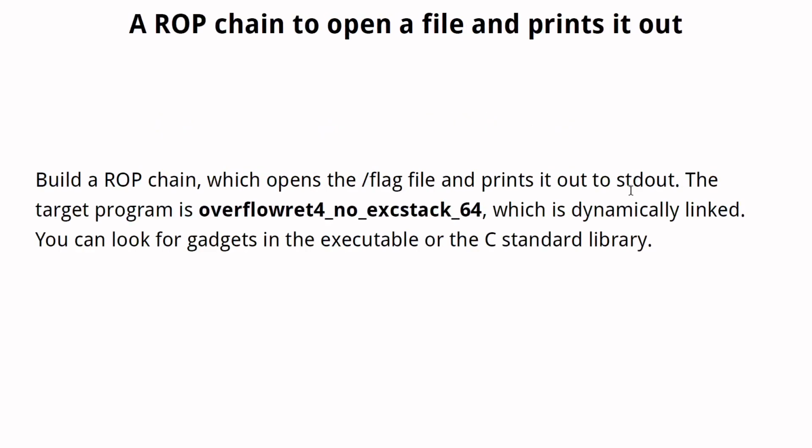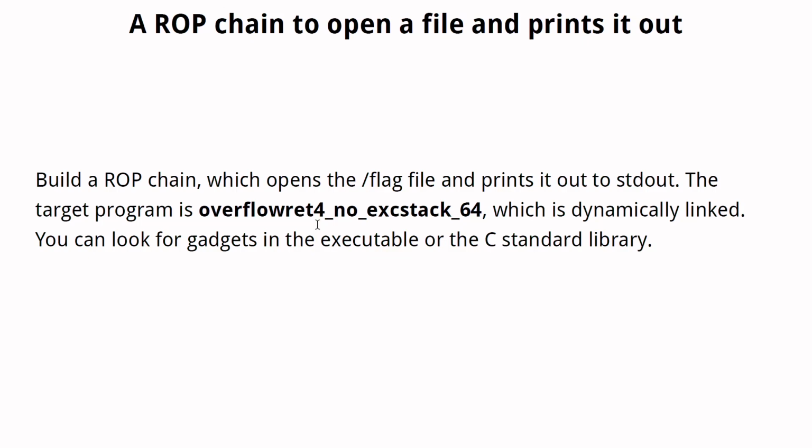Next, we are going to do something more generic. Instead of attacking that specific challenge, we'll attack a more general challenge, the overflow return 4. We're also doing the 64-bit version of this, and the stack is not executable. Previously, when you did this one, the stack was executable because you put shellcode there. Now we don't put shellcode there, and we're not using 32-bit.